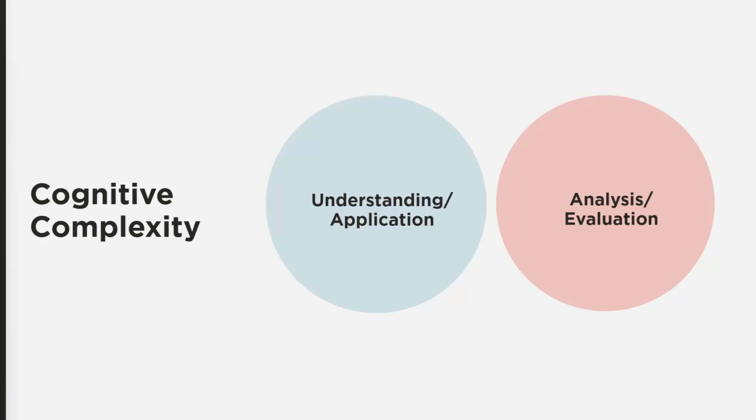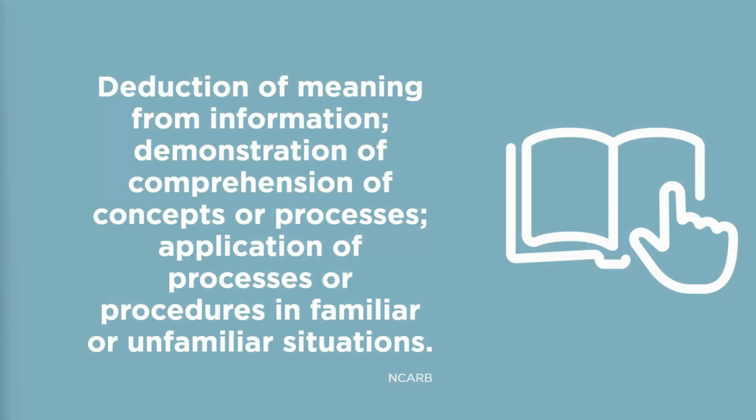Everything on the architect's registration exam, everything in the test specifications is broken down this way. All the objectives have a certain understanding of whether or not it leans toward understanding and application or analysis and evaluation. The NCARB A.R.E. handbook does define understanding and application as the deduction of meaning from information, demonstration of comprehension of concepts or processes, application of processes or procedures in familiar or unfamiliar situations.